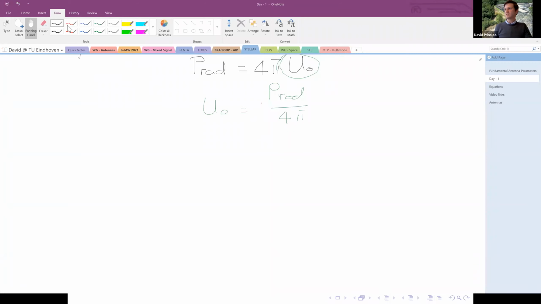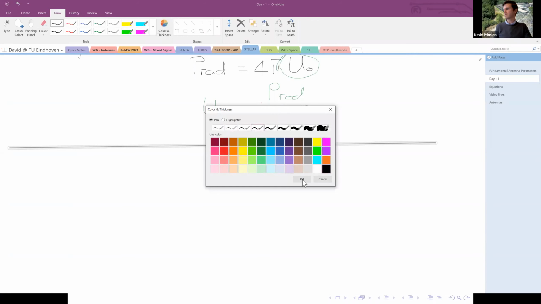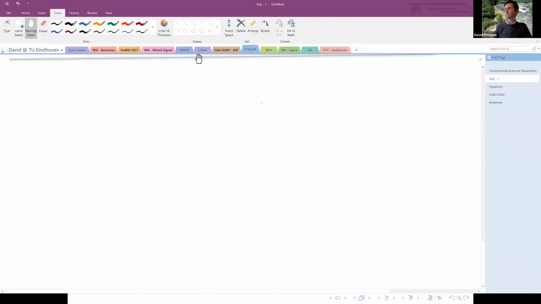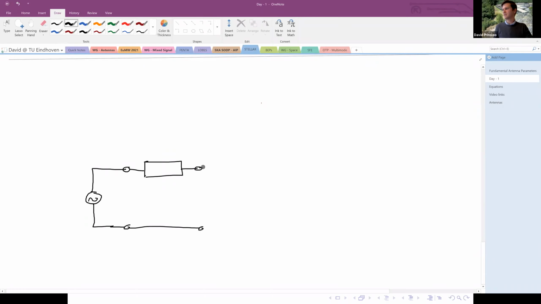So if we were to illustrate this, consider the following schematic. Let's assume that we have a source. I could actually disconnect the generator load as well. Let's do that. And then we're connected to an antenna.